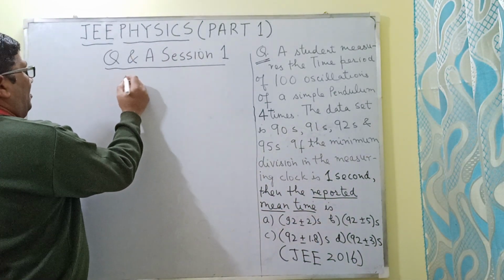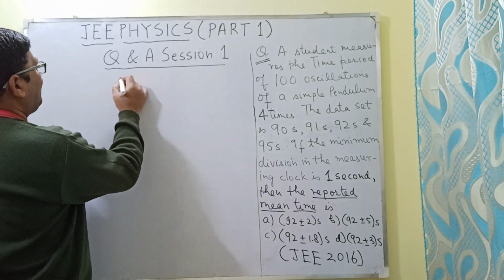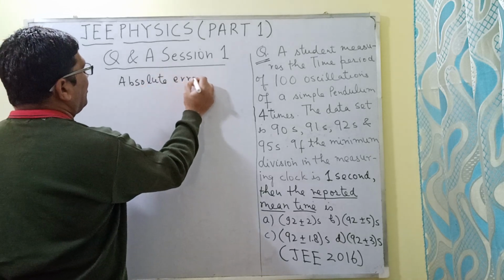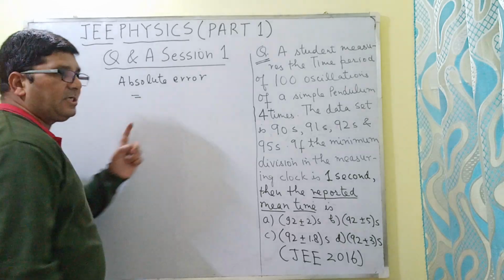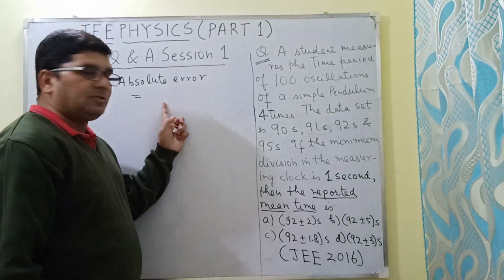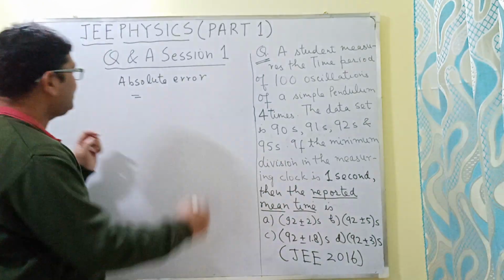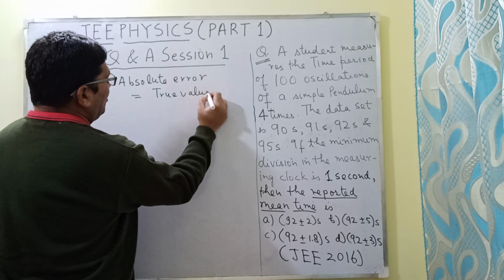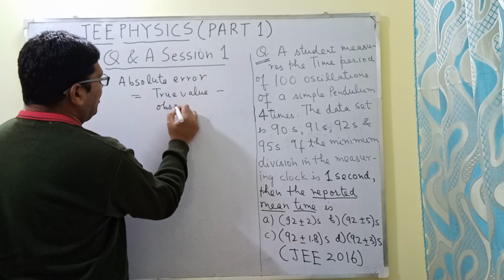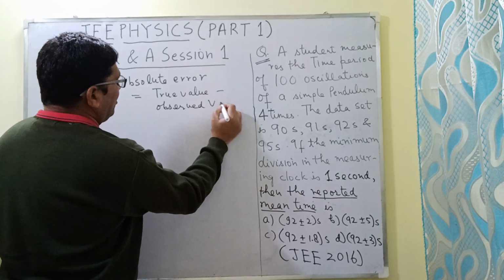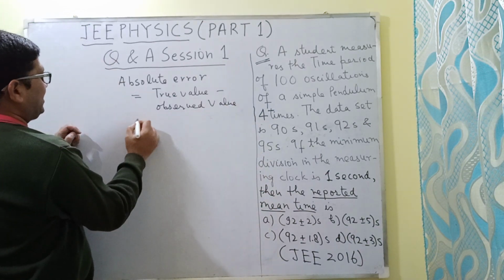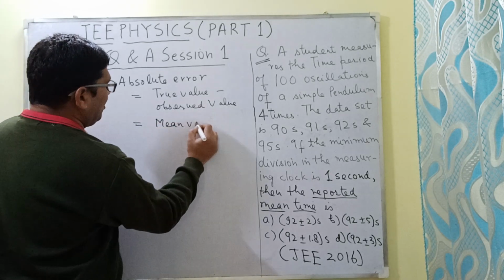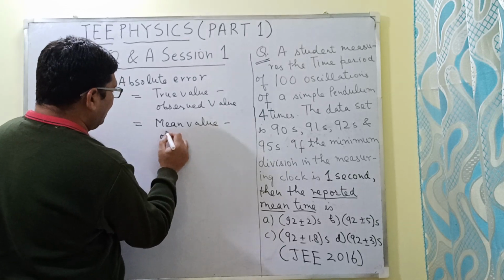As we all know, the absolute error is equal to, there are two formulas for this absolute error. One is true value minus observed value, and second is the mean value minus observed value.